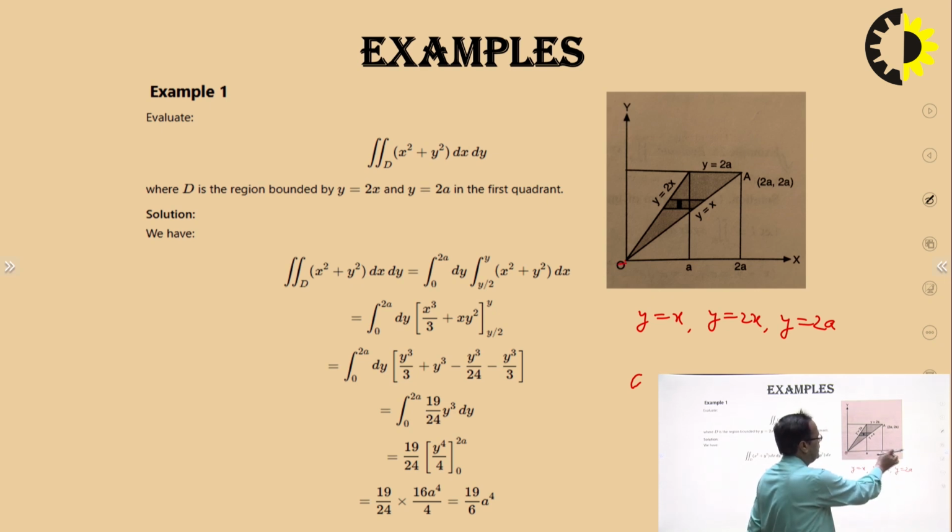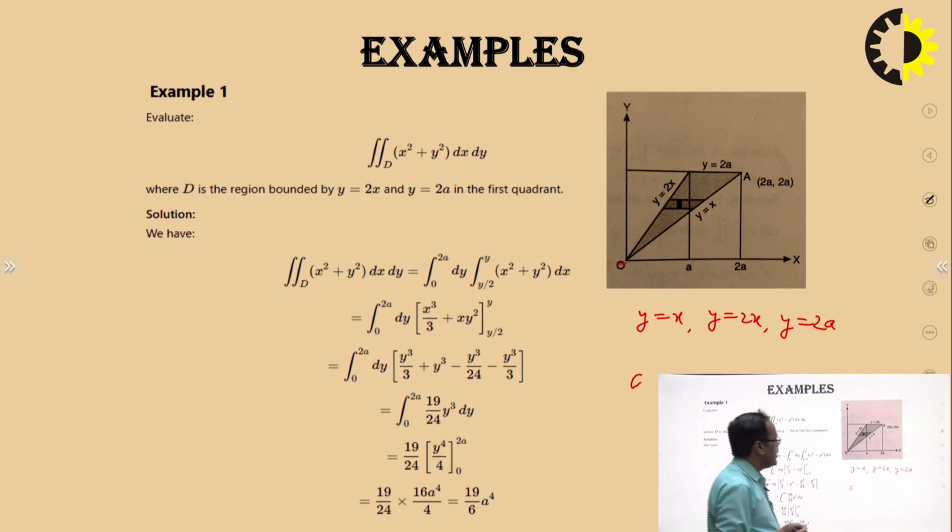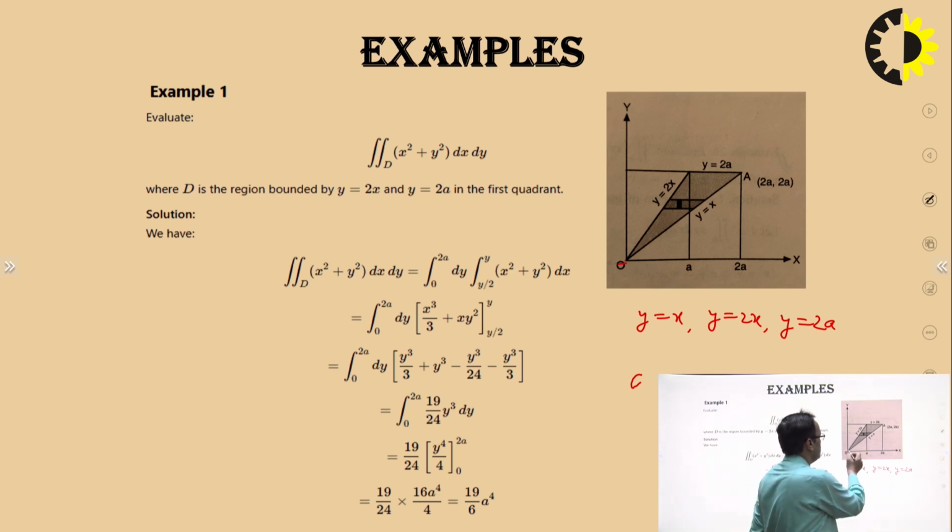OX is the x-axis, and this is y equal to 2a. The given region of integration is OAB.